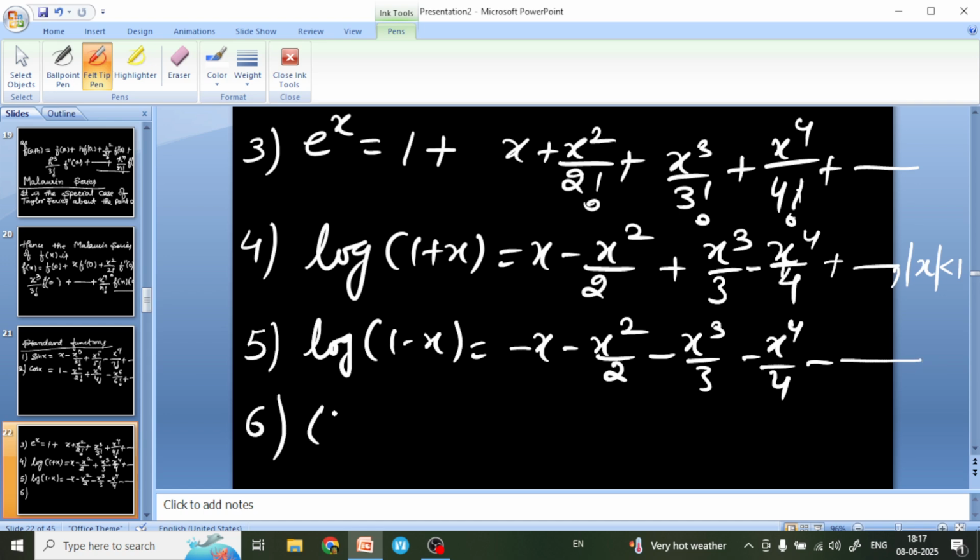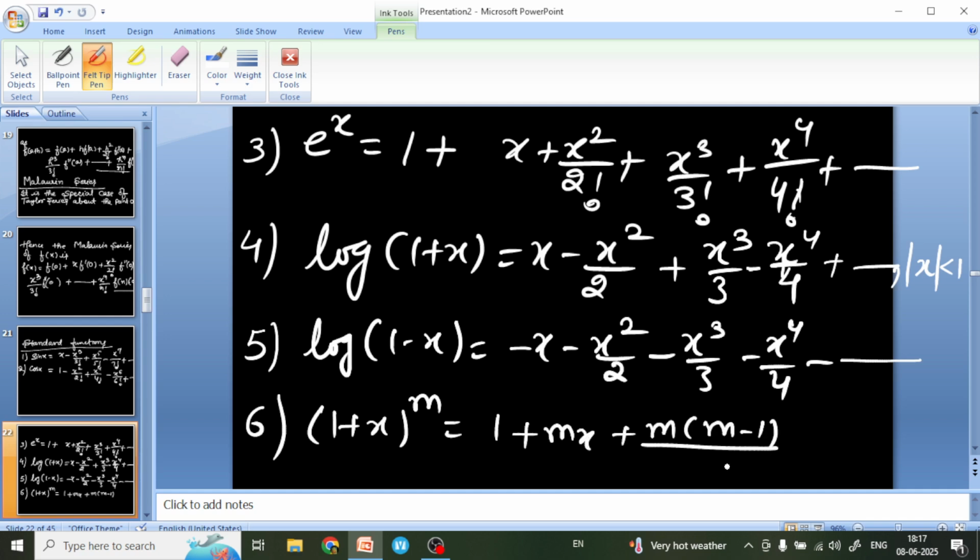And next, 1 plus x raised to power m is equal to 1 plus m x plus m into m minus 1 over 2 factorial x raised to power 2 plus m into m minus 1 into m minus 2 over 3 factorial into x raised to power 3, and this series will continue.